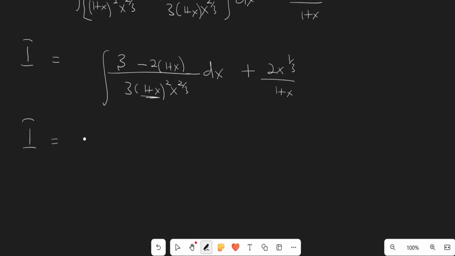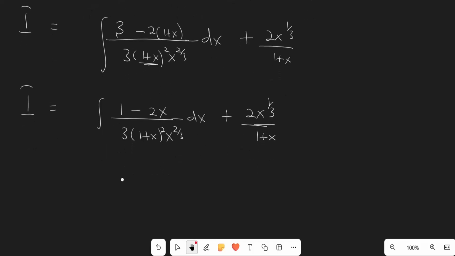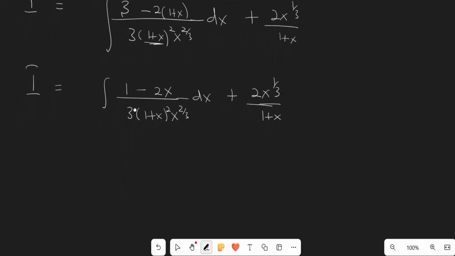So I is going to be the integral of 3 minus 2, that is 1 minus 2x, all over 3 (1 plus x) squared times x to the power 2/3 dx, plus 2x to the power 1/3 over 1 plus x. This 1/3 here is a constant, I can bring it out.